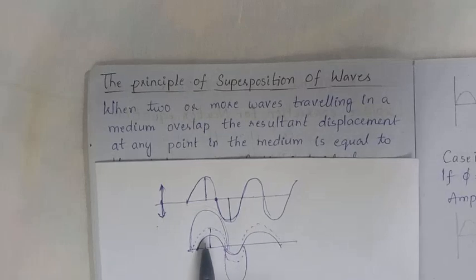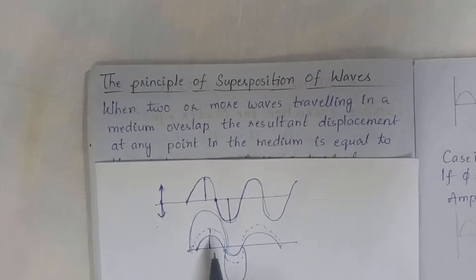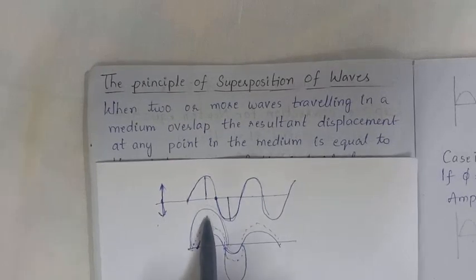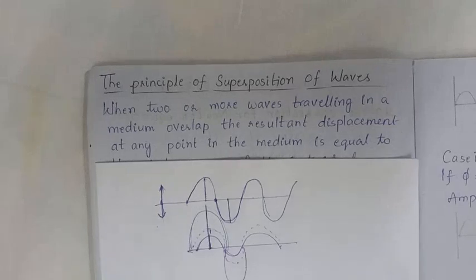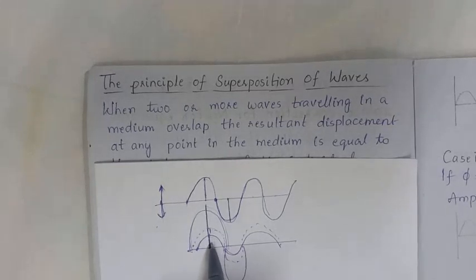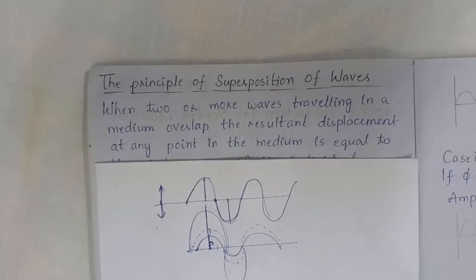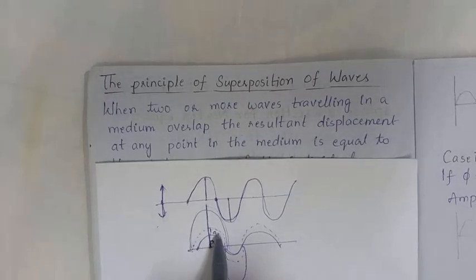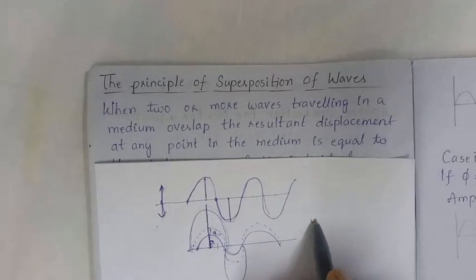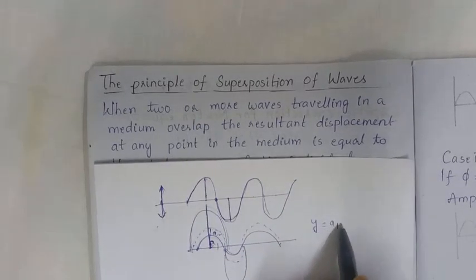Like this, suppose these two are waves traveling in a medium. At this point, the resultant displacement is here. If A1 is the displacement of one wave and A2 is the displacement of the other wave, then the resultant displacement is y equals A1 plus A2.